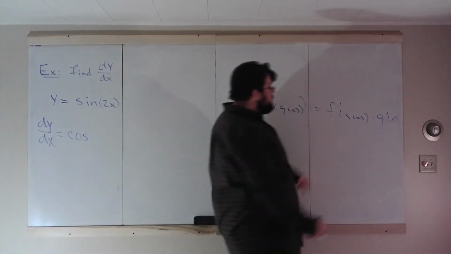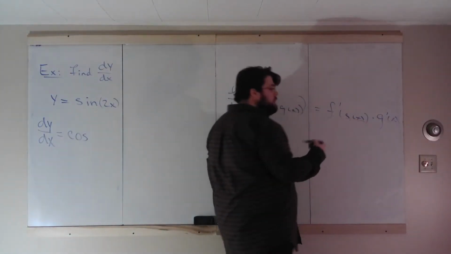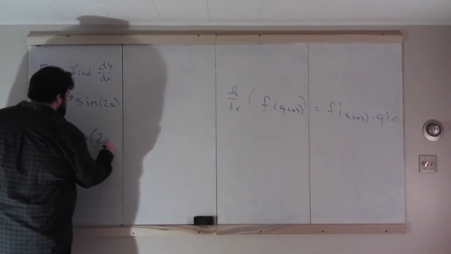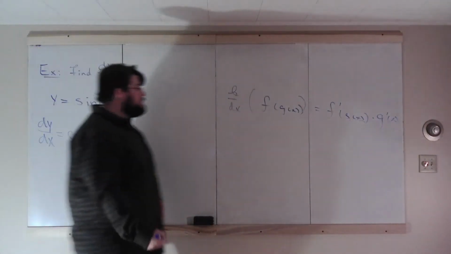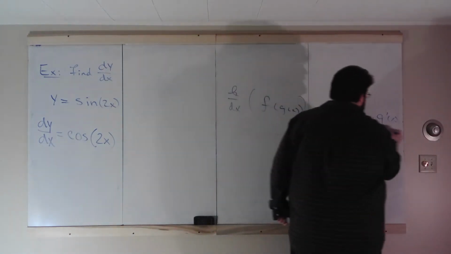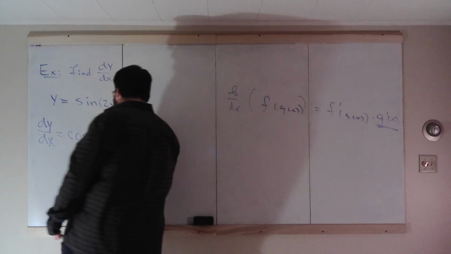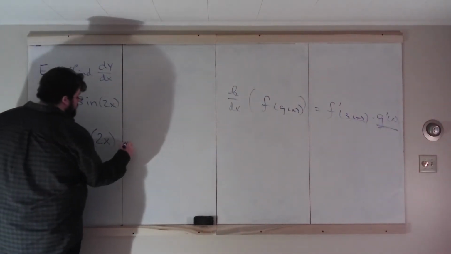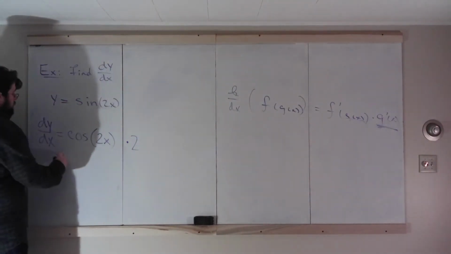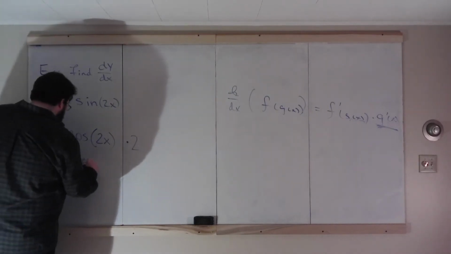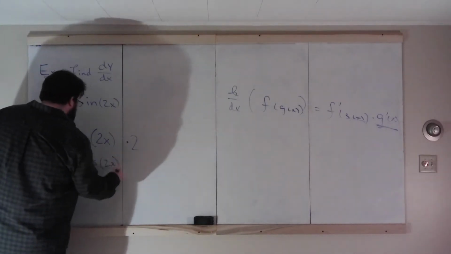This tells us to leave the inside alone, leave the g alone. So leave 2x alone, but then multiply by the derivative of that inside, of 2x. The derivative of 2x is 2. So the derivative of sine of 2x is 2 cosine of 2x.